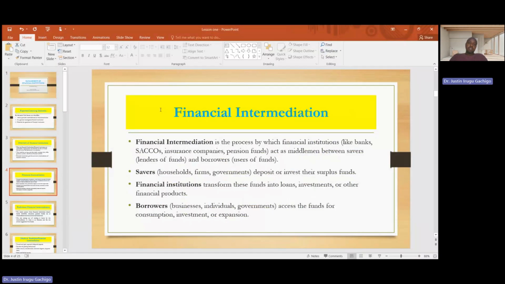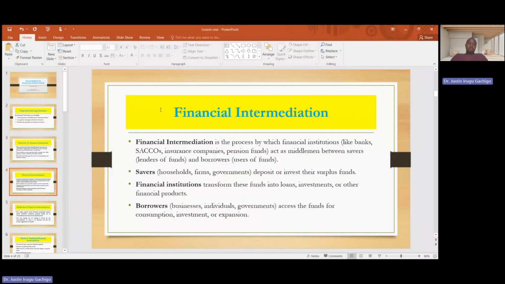Then financial institutions transform these funds into loans, investments, or other financial products. So for example, a bank, once it gets money from you, lends to those who don't have, or it can also invest. There are quite a number of investments like fixed income, treasury bills and treasury bonds, money markets, or other avenues like overseas or overnight lending.